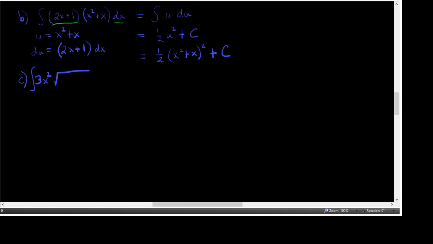Okay, so the next one is part C. So again, I have a composition. So I'm going to rewrite this radical as a power. So I have something to the 1/2.